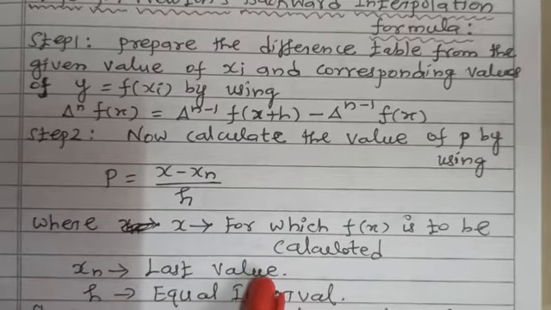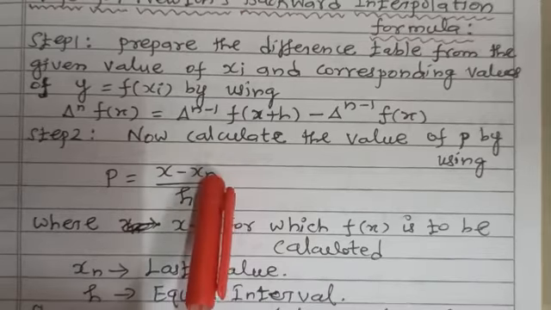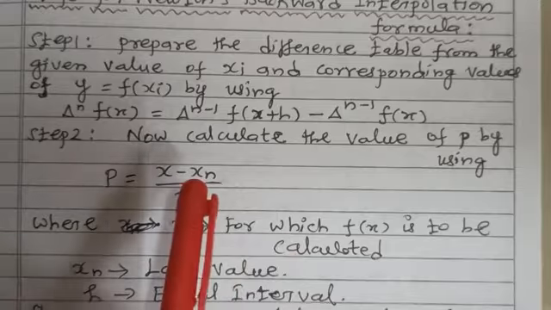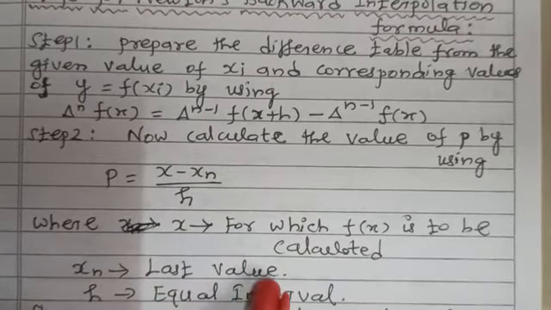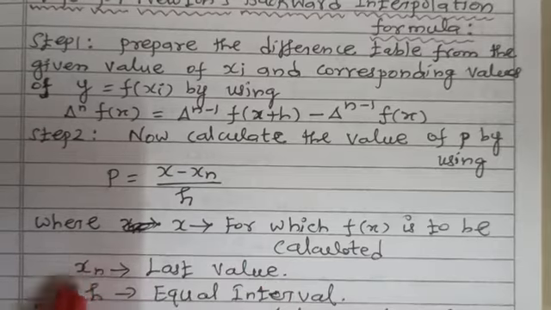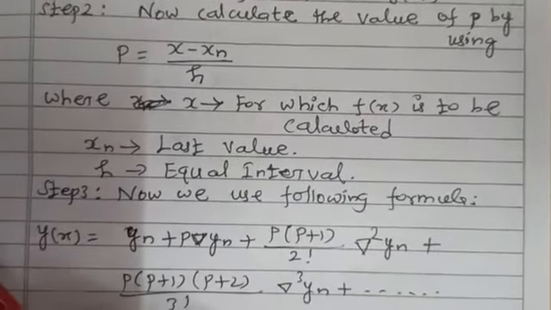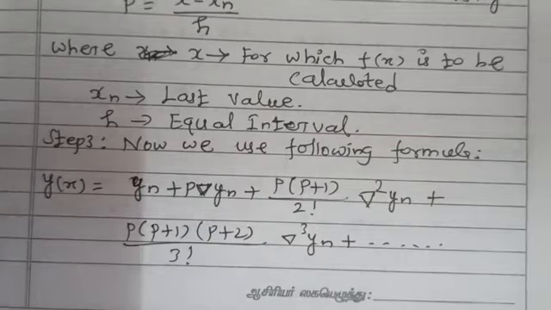In Newton's forward interpolation, X naught means initial value. In Newton's backward, Xn means last value in X, and H is the equal interval between two X values.